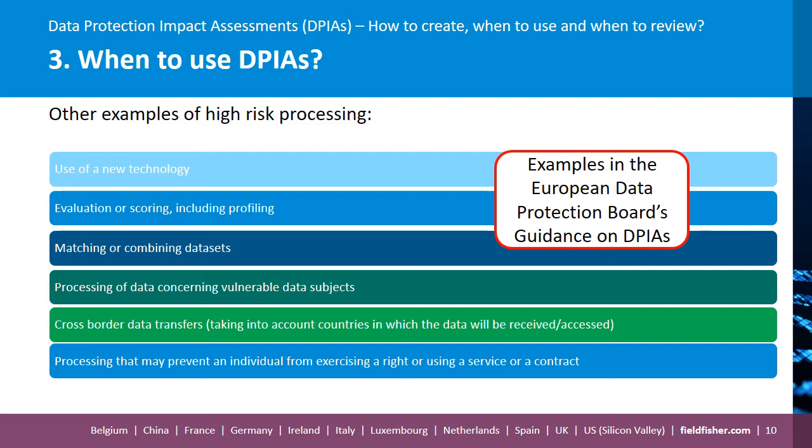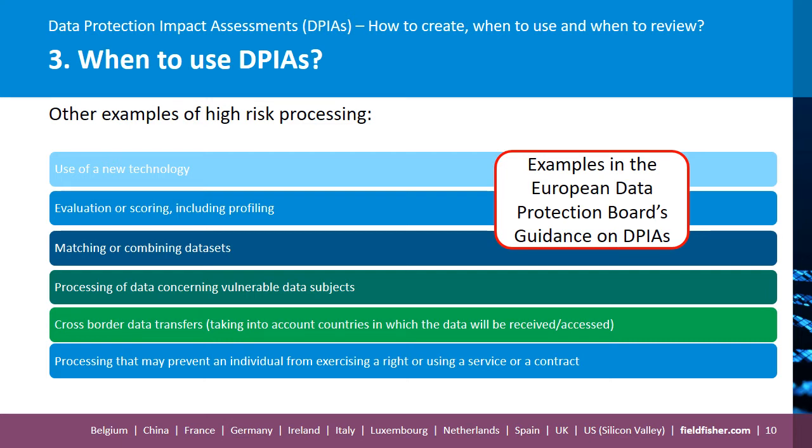So any processing involving the use of a new technology, for example, a facial recognition system, or processing involving evaluation or scoring, including profiling, for example, predicting performance at work, economic situation, health, personal preferences or interests, location, or movements should also be considered. This point would also include building behavioral or marketing profiles of end users based on website usage or navigation.